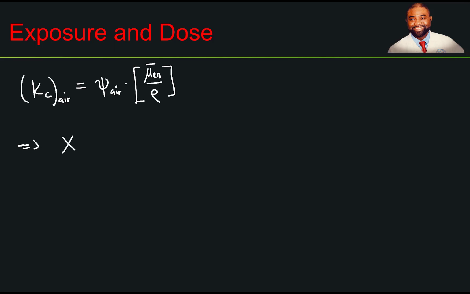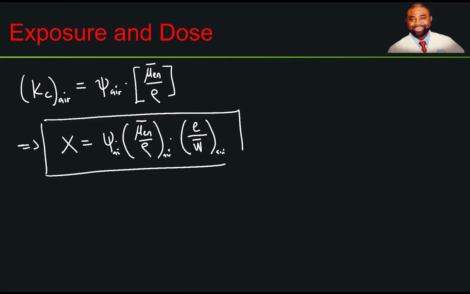This would mean that exposure will be equal to the energy fluence multiplied by the average mass absorption coefficient multiplied by the charge produced per energy expended in air. This gives us the relationship between exposure and KERMA.